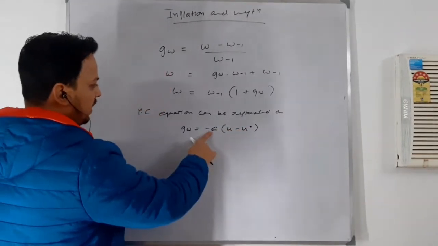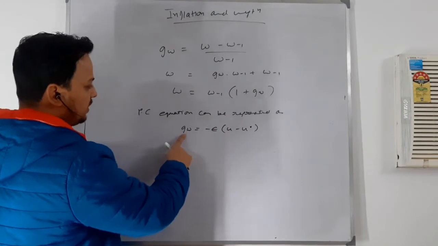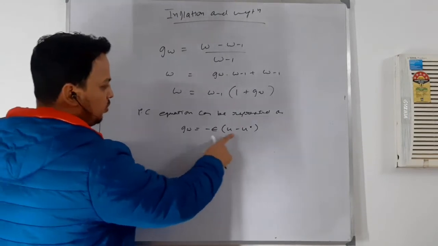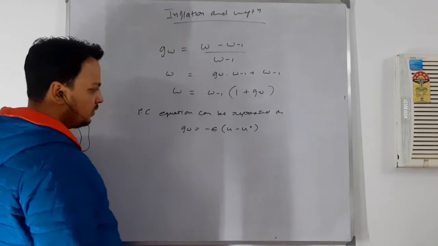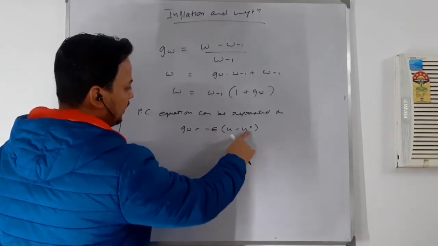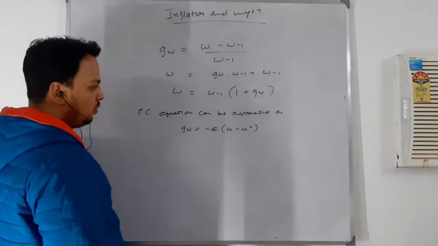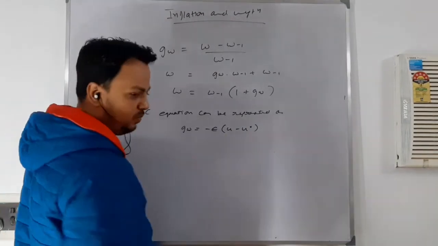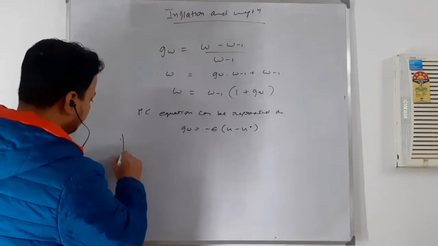This epsilon represents the responsiveness of wage due to change in unemployment. And in u minus u star, u is your actual unemployment rate, u star is your natural rate of unemployment.